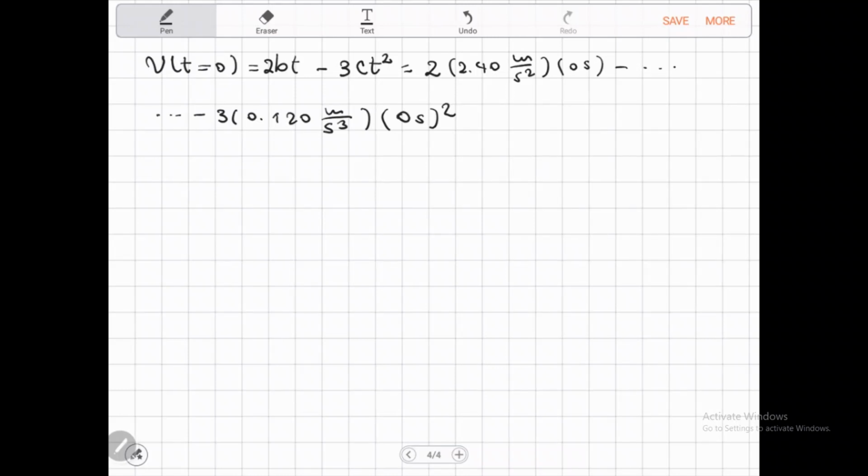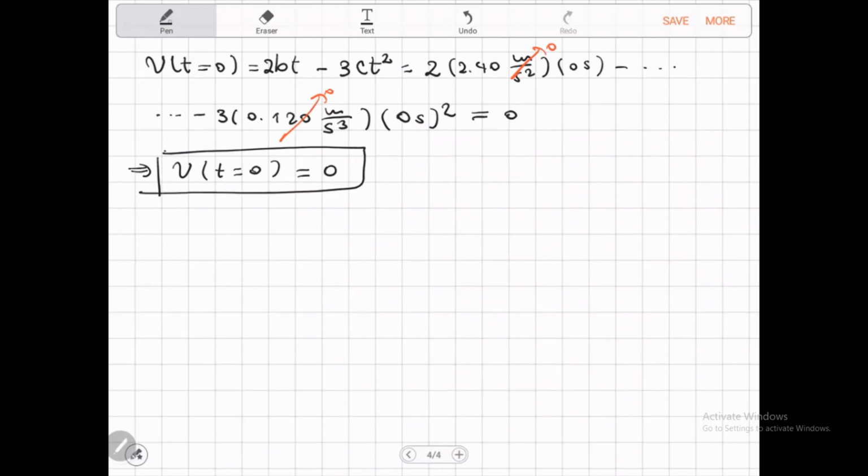Okay, and remember, whatever you have multiplying by 0 is going to be 0. The same case on the second term. So this term is 0 and this term is 0 as well, and the result in this case is going to be 0. So we have that v when t is equal 0 is equal to 0, and that is the instantaneous velocity in this case when t is equal to 0.